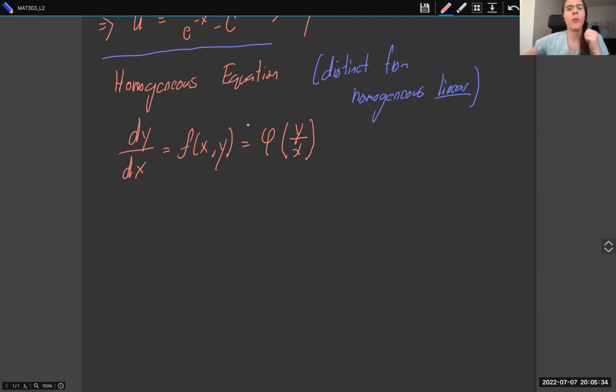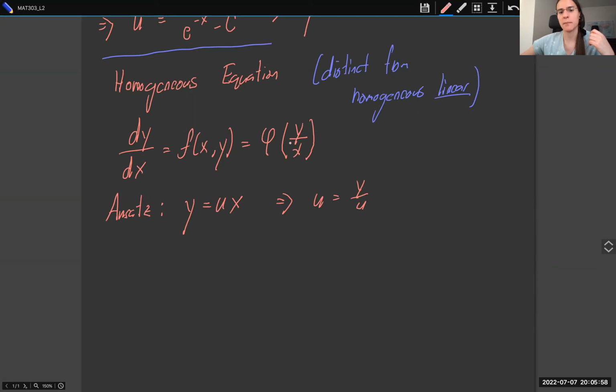Now suppose that we have an equation of this form. Then we're going to do an ansatz, and that's that y is equal to ux, where u is some unknown function. What this implies, by the way, is that u is equal to y over x.